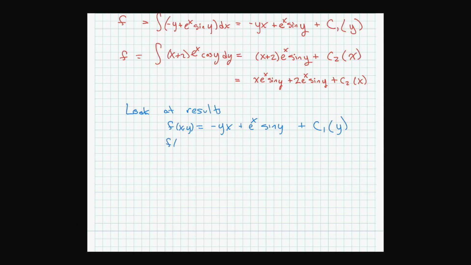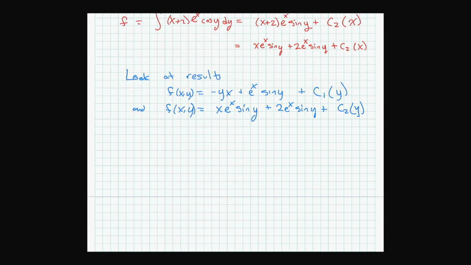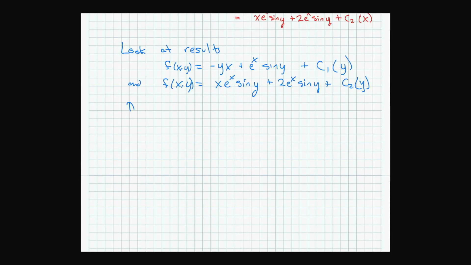And then for the other one, f of xy is also supposed to be equal to x e to the x sine y plus 2 e to the x sine y plus this c2 of y. And the thing is that these are supposed to be consistent here. And they aren't. And I will explain why they aren't right now.